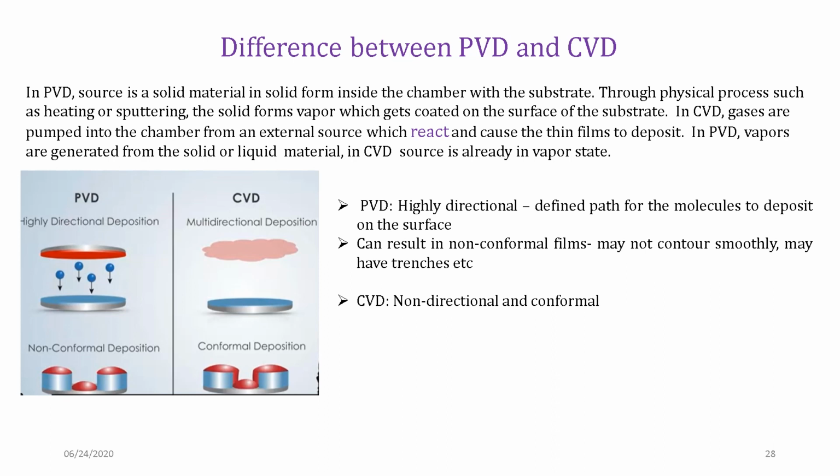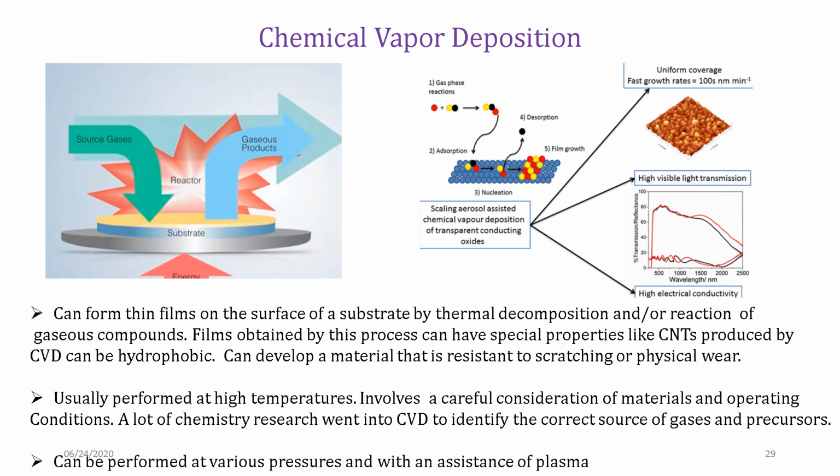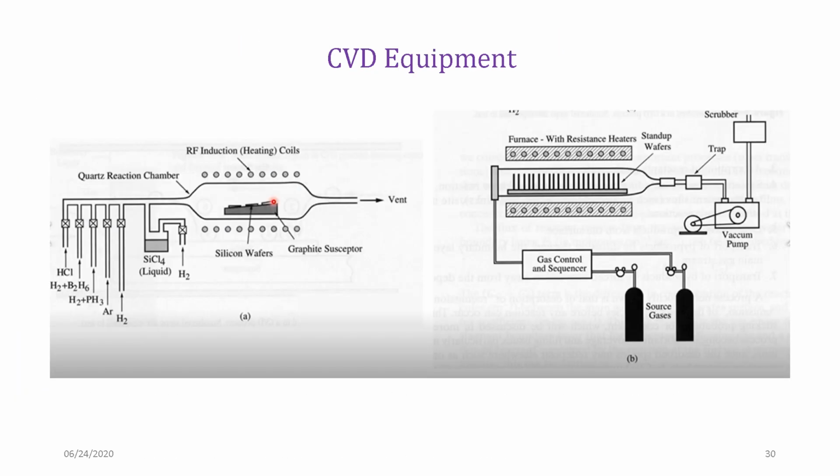It can give rise to a lot of contours and it can also give rise to trenches. It is not conformal. Whereas in chemical vapor deposition, though the direction is not unidirectional, it can be lateral as well. It can give you a very conformal film, which means everywhere you can get a very uniform conformal film.